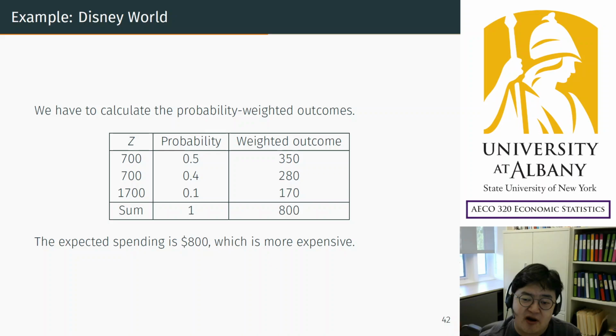That's interesting, right? In the end, compared with the previous expected value, if you just pay the regular price, the expected spending was $600. But now, if you buy a discounted ticket from eBay, your expected spending increased. You are actually spending more. So it's more expensive.